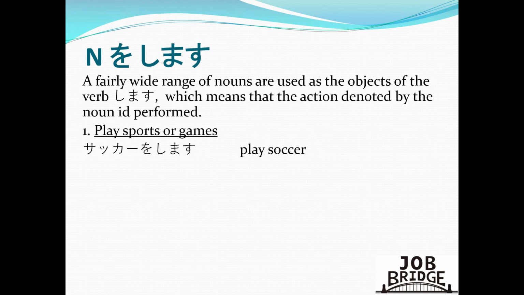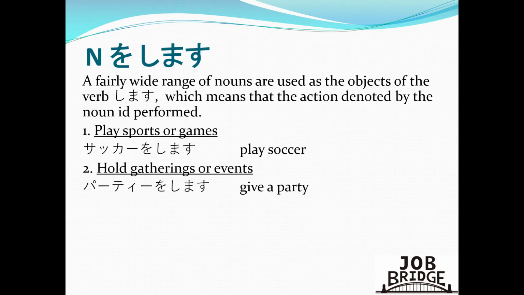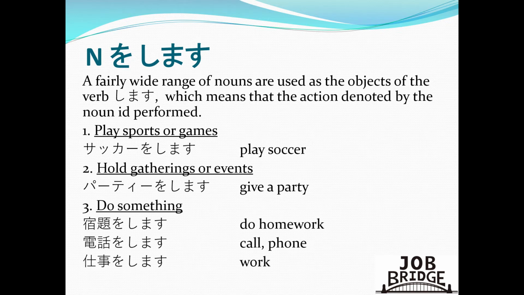And then another one is when holding gatherings or events, like giving a party. パーティーをします。 And then doing something, like doing homework. 宿題をします。 And then when you're trying to call or phone someone. 電話をします。 And then lastly, working. 仕事をします。 Did you get that, everyone?